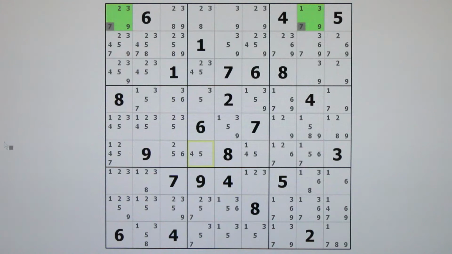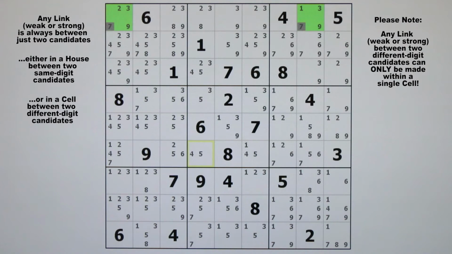It's a subtle distinction. And don't forget, any link, weak or strong, is always between just two candidates, between two of the same digit candidates within a house, like this, or between two different digit candidates within a cell, like this. Understood? Okay, good.